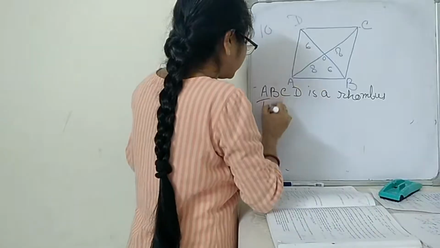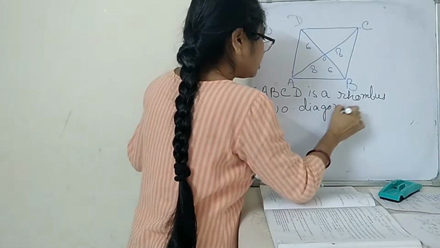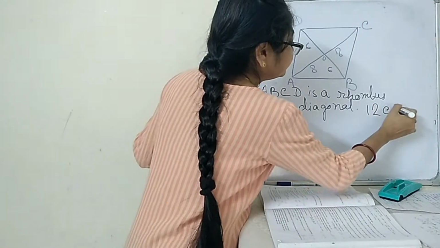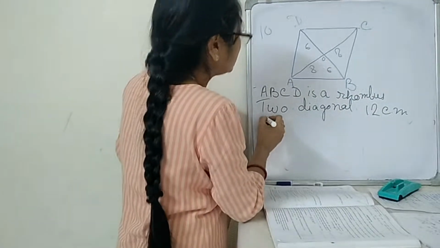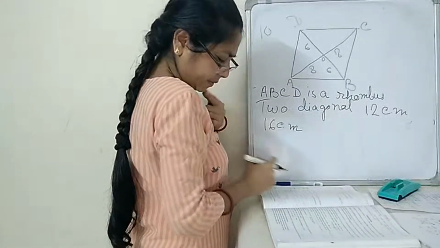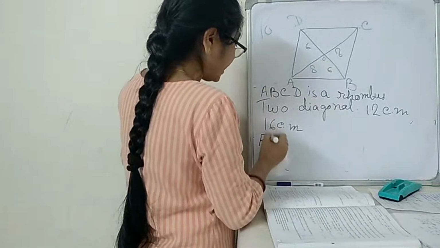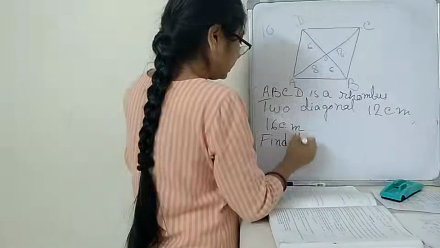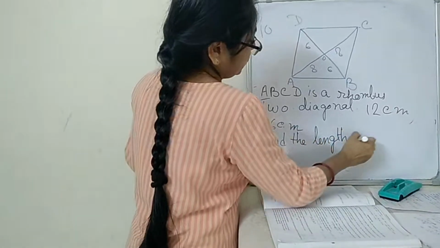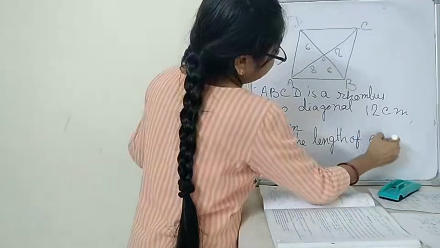Okay, two diagonals: 12 centimeter and 16 centimeter. Find the length of each side.